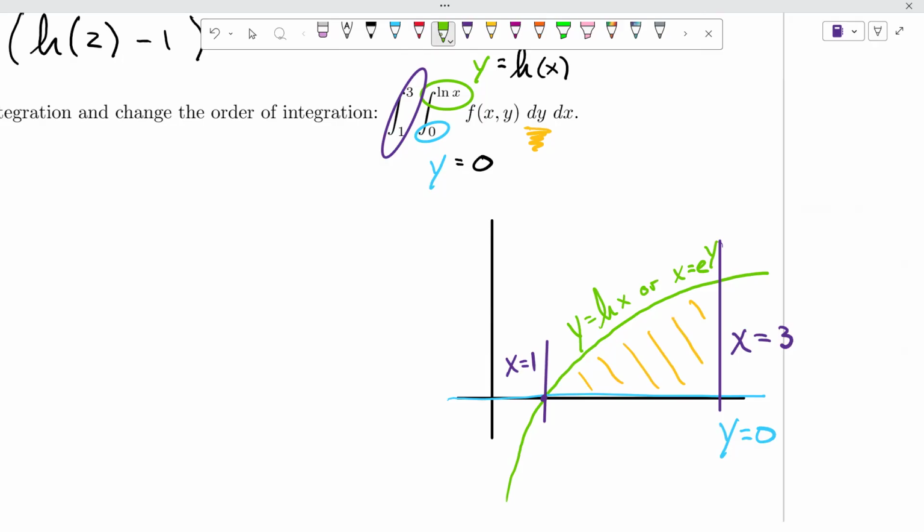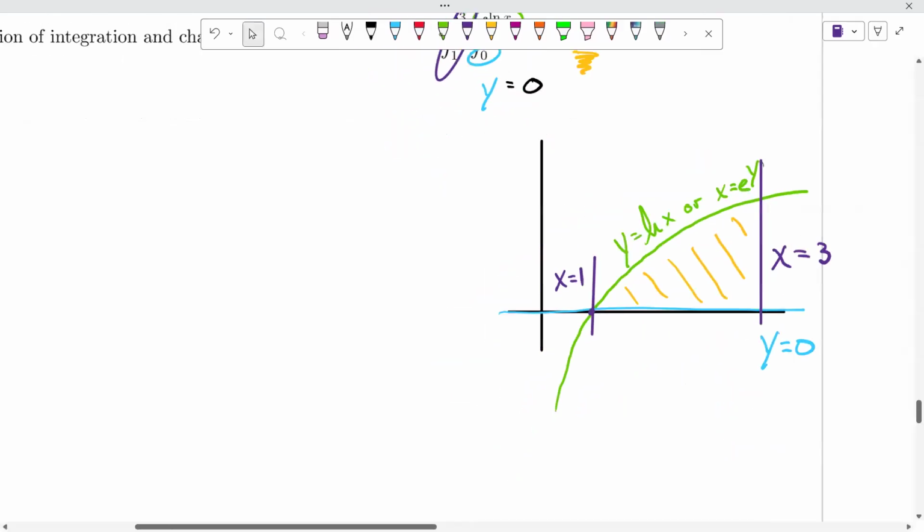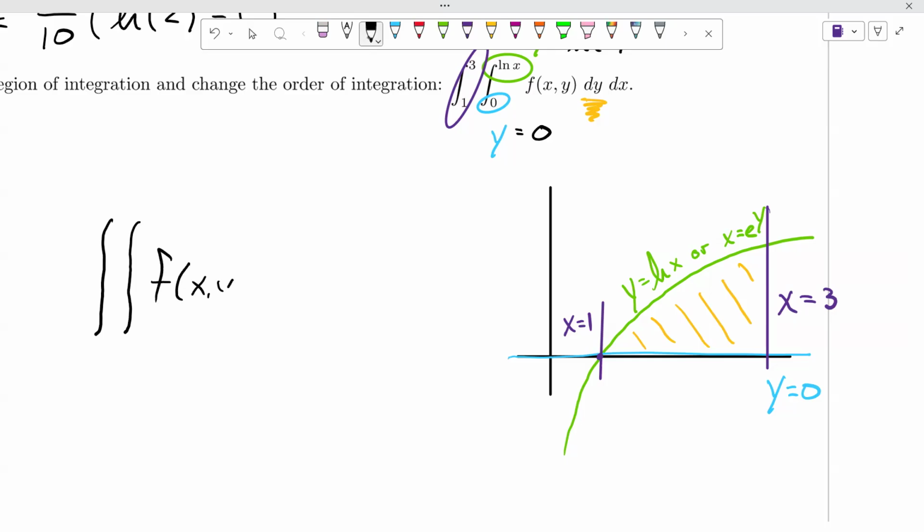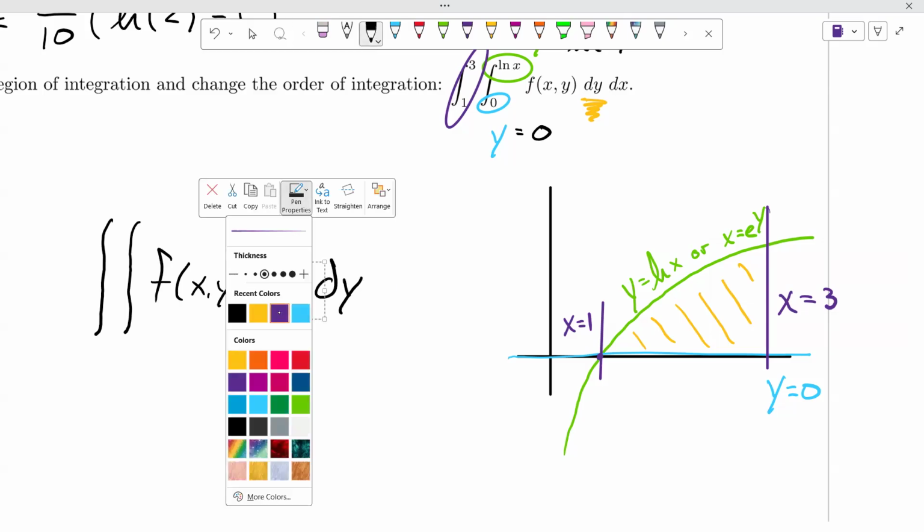And if I want to reverse this order, that means I want to do dx first. So f of x, again, does not change. It's just dx, dy. I've got to do x first.